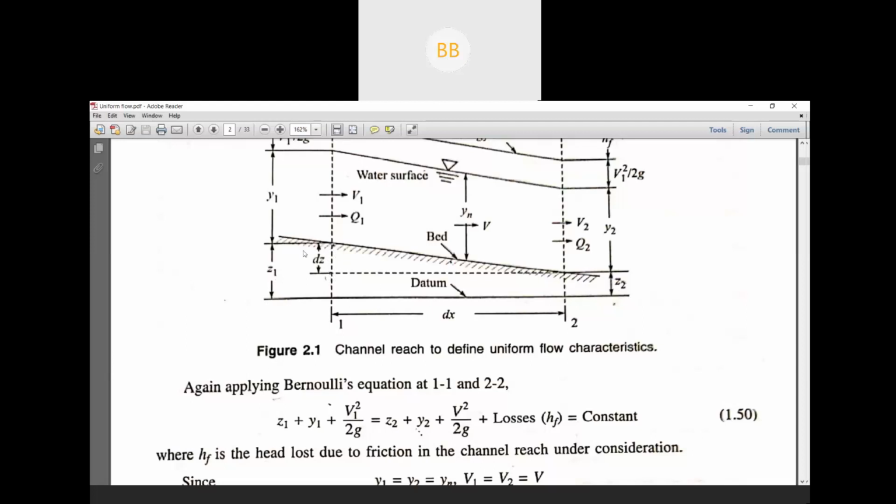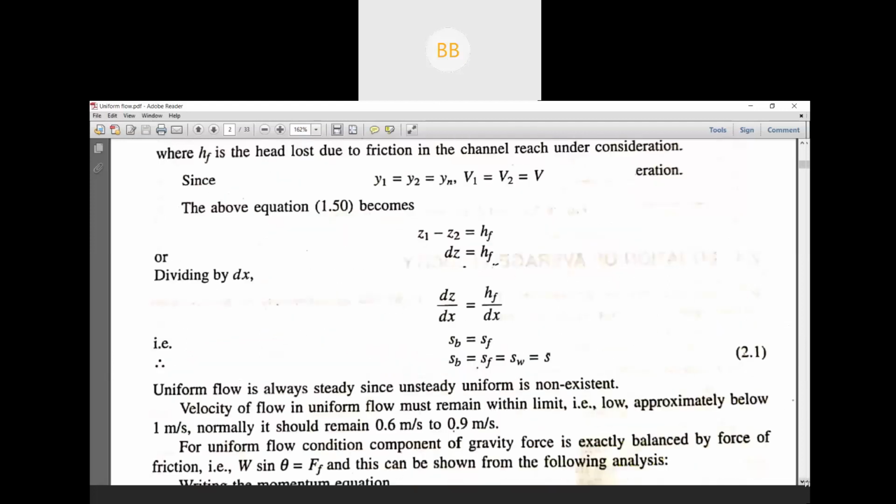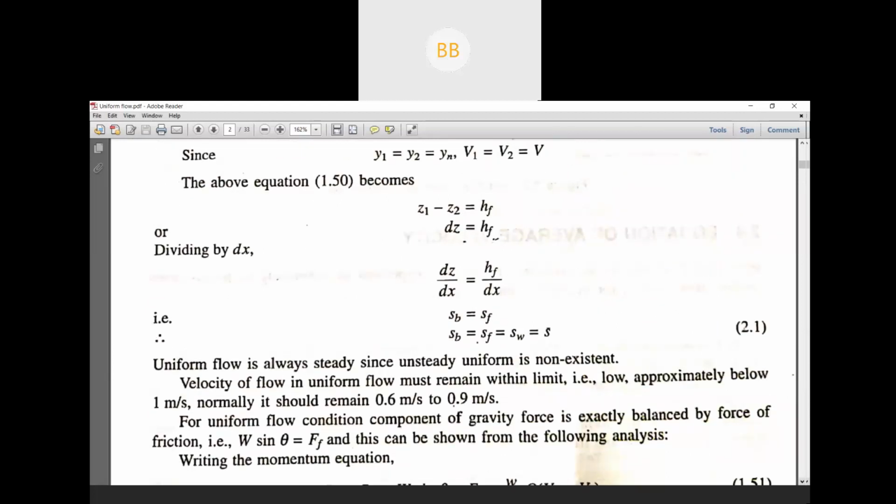So always remember, in open channel flow all the slopes are the same. If you consider bed slope, friction slope, or surface slope, the surface slope is nothing but the water surface slope. All these slopes are the same only for uniform flow. This is applicable only for uniform flow.